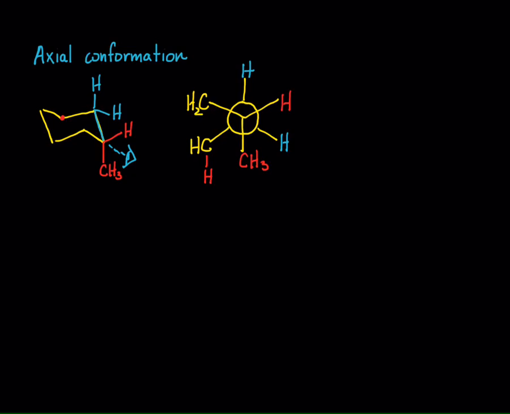What I want you to realize is what CH2 group am I looking at? Notice I highlighted that CH2 with the red dot. One of those hydrogens is axial, it's pointing down, right? And so we're going to see that there's an interaction between that hydrogen and the methyl group as well.